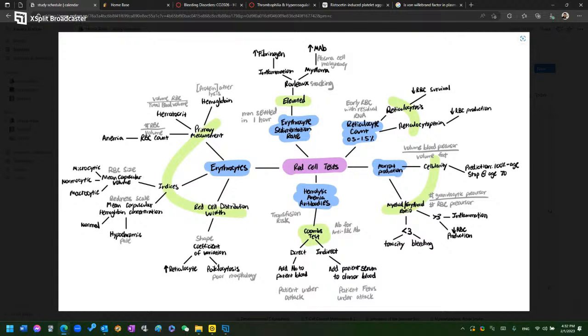It's already happening, right? Indirect is when we take the blood of somebody else and we wash it and make sure there's no antibodies on that blood. It's just normal blood. And then we add patient serum and we introduce possibly anti-red blood cell antibodies. And then we test. And so this is not a sign that we're already under attack.